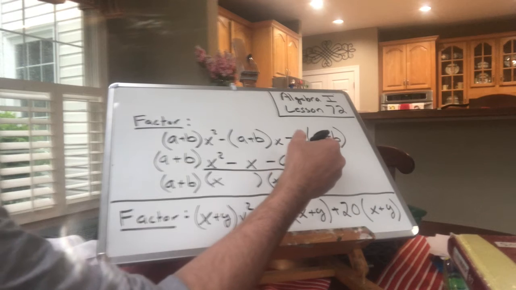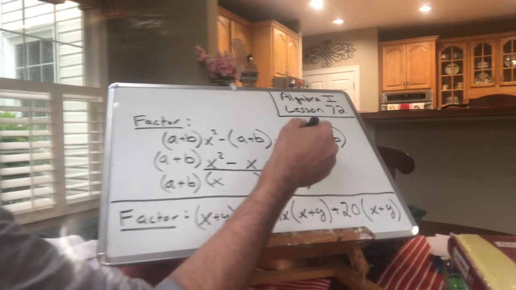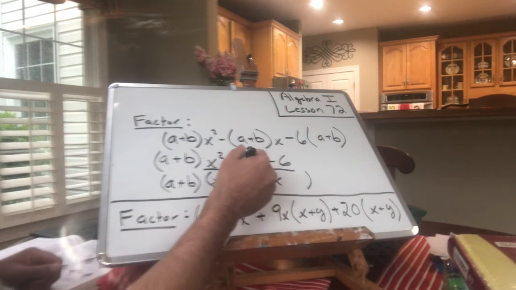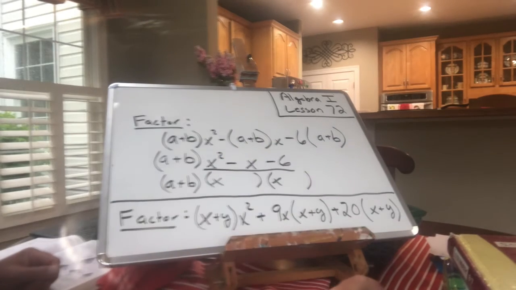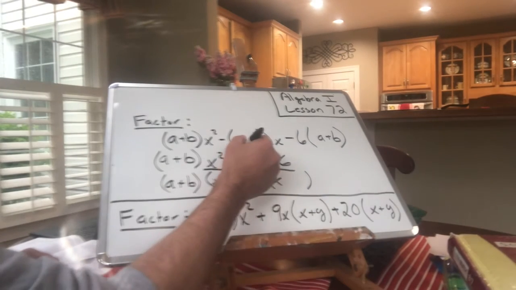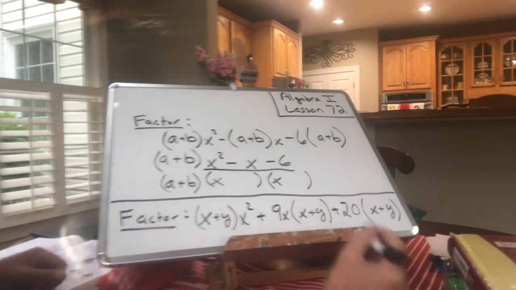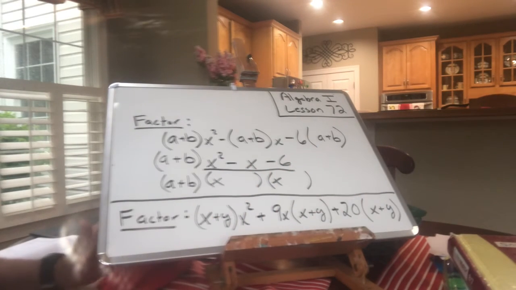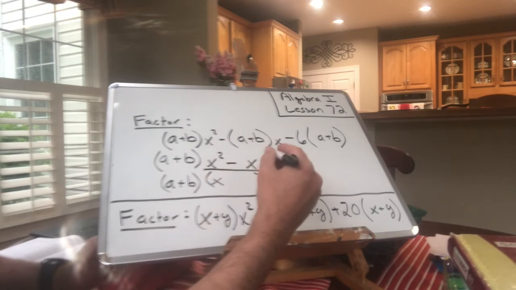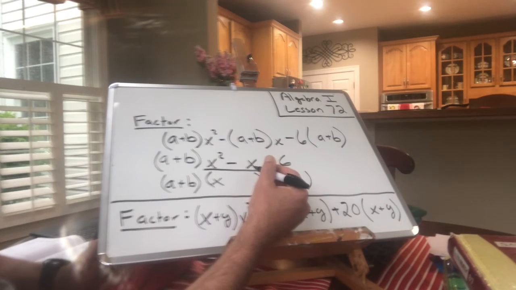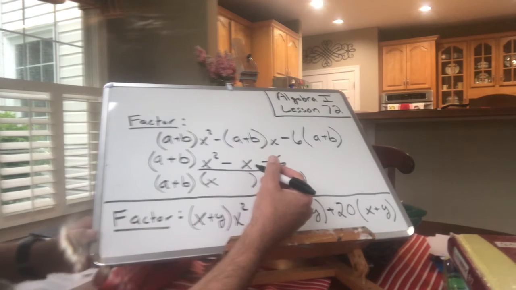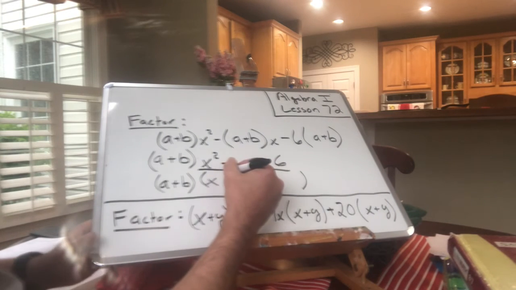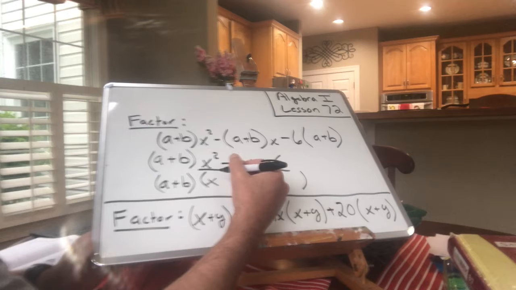Now we need to figure out what times what equals 6, and how we can get a remainder of 1x, because that's the imaginary 1 right there. Obviously it's 3 times 2. We need the negative to be the remainder, so that's going to be negative 3.